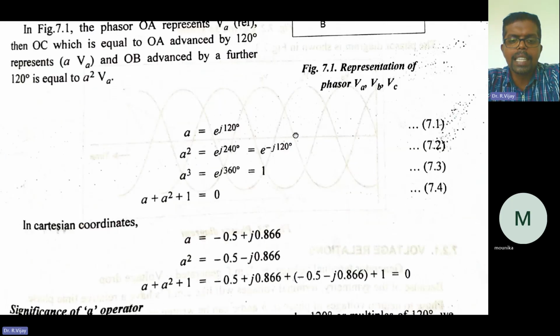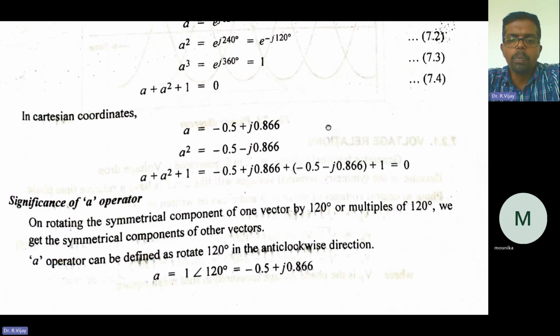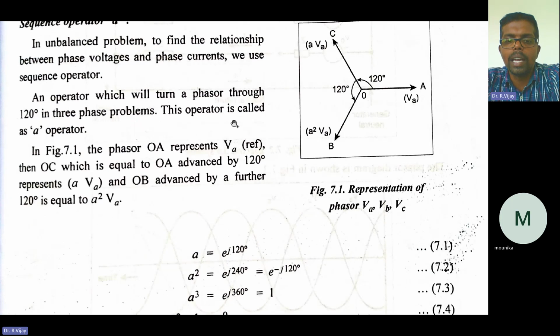The same thing is explained here. If you add all these points together, you will get the full 2 marks. If you explain somewhat more, with the phasor representation, instead of simply explaining, you will get full marks.